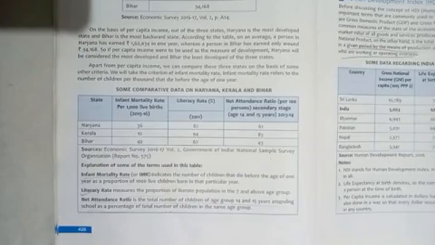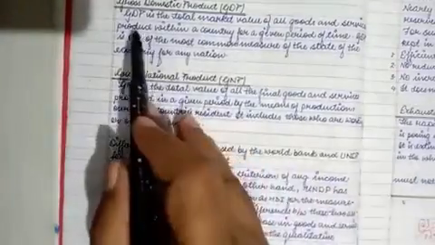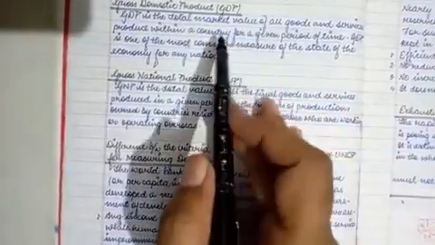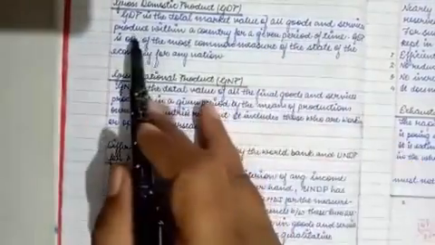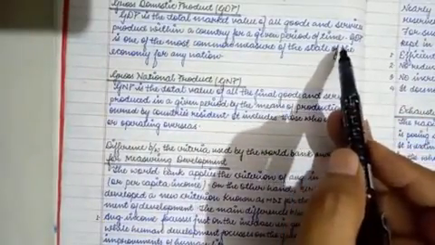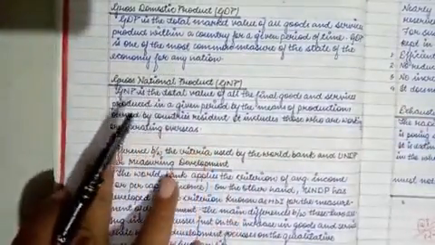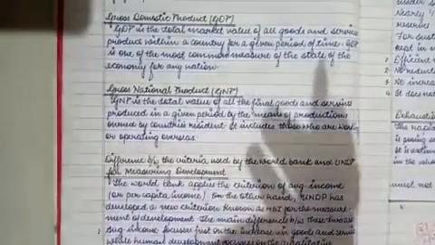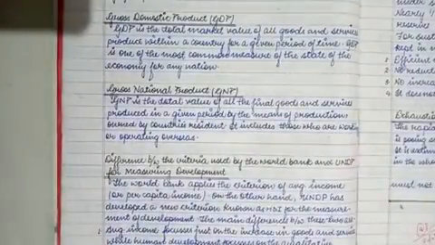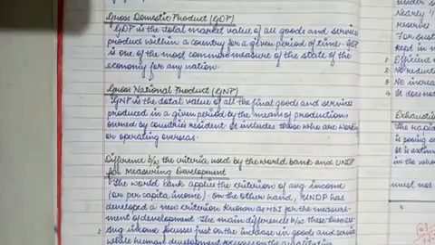Next topic is your gross domestic product, GDP. What does it mean? GDP is the total market value of all goods and services produced within a country for a given period of time, and basically it is for 1 year, 6 months or 3 months. So GDP is one of the most common measures of the state of the economy of any nation.